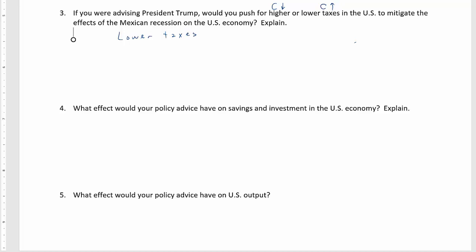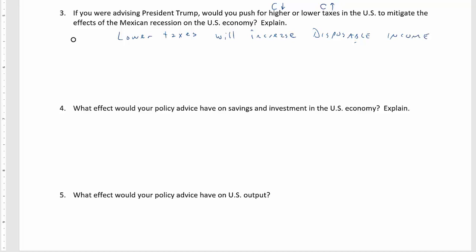Okay, and then it does say to explain. So if I lower taxes, that will increase Americans' disposable income. That's our income after taxes.